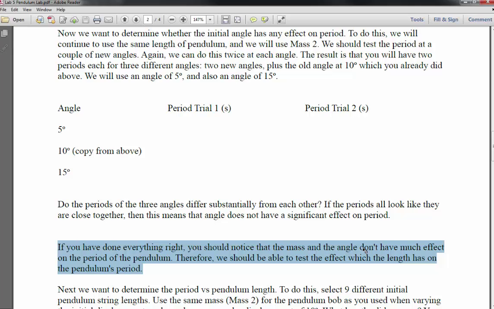And the significance to the angle not having any effect is that this whole timing over many periods thing actually will work. If the angle actually affects the period, then timing over many periods doesn't actually work, because you'll notice as the pendulum swings back and forth, the angle that it reaches, the maximum displacement, actually gets a little bit smaller, so that if you let it swing for long enough, eventually the motion basically dies down to 0.